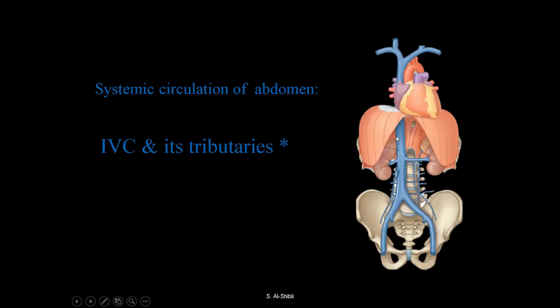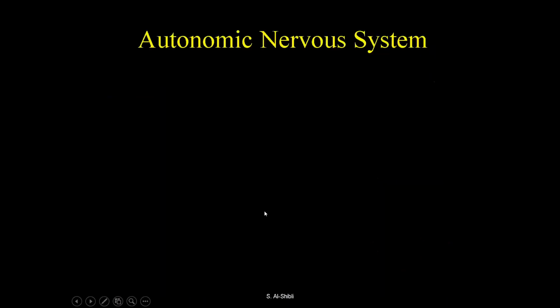The inferior vena cava tributaries come from the iliac veins, the lumbar veins, the renal, the gonadal, the suprarenal, and we know that there is some anastomosis between these 2 important circulations, the systemic circulation and the portal circulation. I will touch this later on tomorrow, hopefully, about the portal systemic anastomosis.